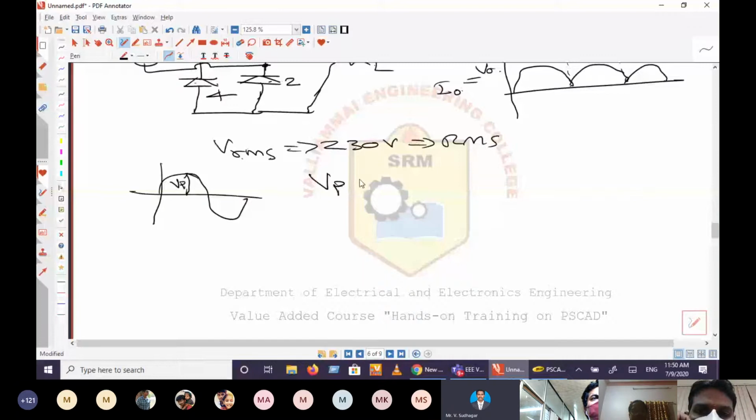The peak value of the 230 volt AC supply we are getting in our home is root 2 times the RMS value, VRMS, right? So peak value will be root 2 times RMS value.